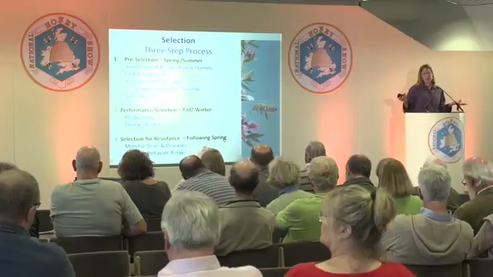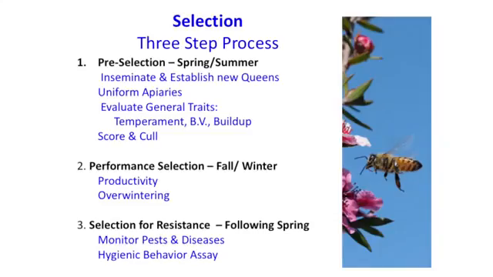And then overwintering ability. Wintering, I think for me, is probably the best selection tool. It just takes out the more susceptible. If they've got issues with nosema or tracheomites or something, they'll not survive the winter very well, or they'll start dwindling down. So you look for those behaviors.